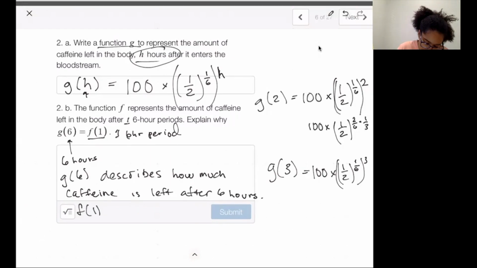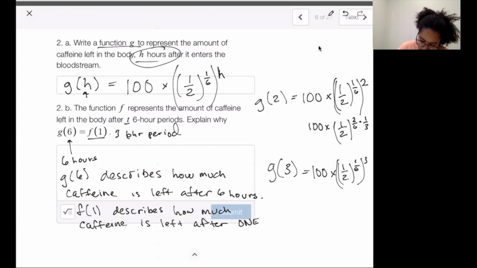F of 1 describes how much caffeine is left after 1 6-hour period.